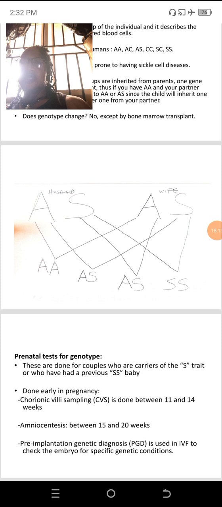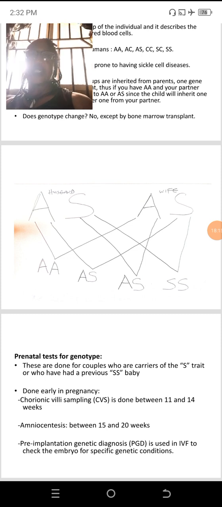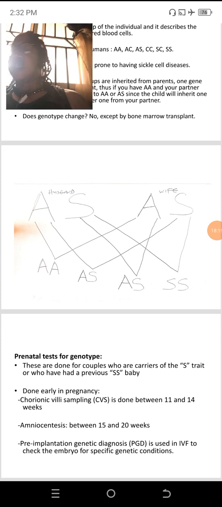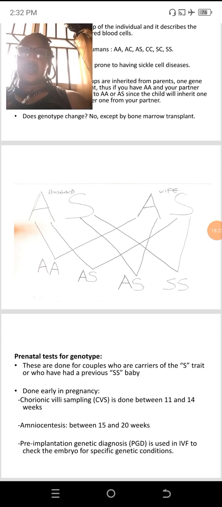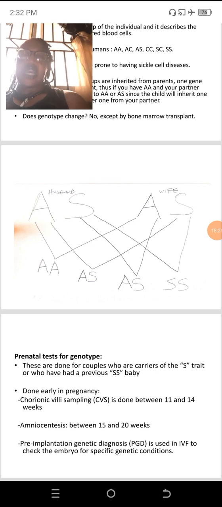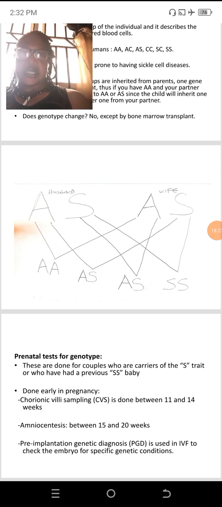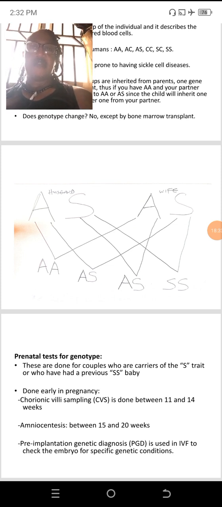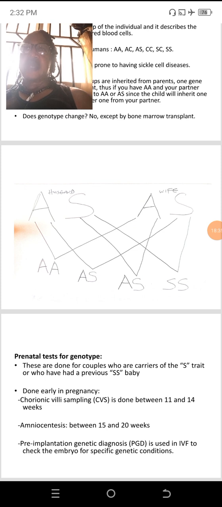Now, there are some questions that arise from this lecture. Number one, what are the symptoms or signs of SS in childhood? Can you know whether your baby is SS right from childhood? Well, a baby that is SS is likely to be having frequent fever, frequent infections, especially lung infections. Then there could be swelling of the hands and feet.